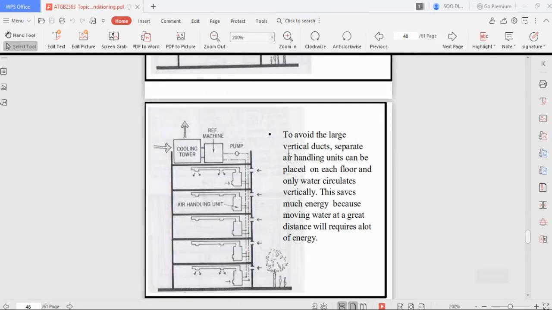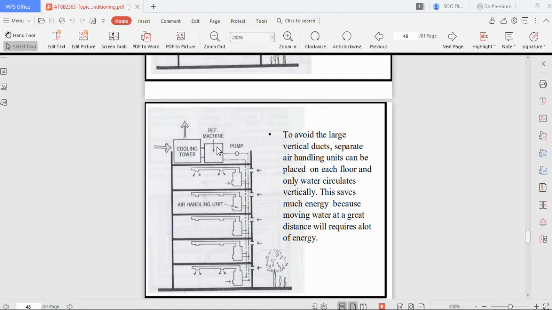So for this, the next one, instead of having a big air handling unit, we can actually install a separate air handling unit for each floor. So with this, you only need to circulate the water vertically.